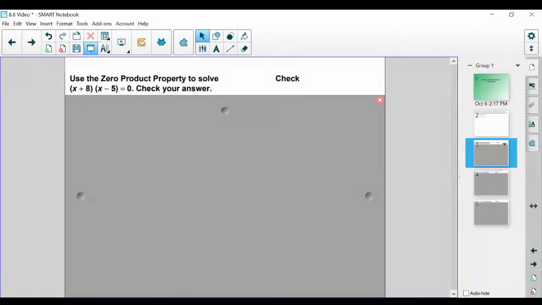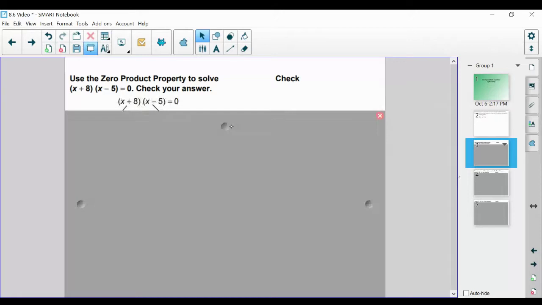So we're going to use this zero product property to solve x plus 8 times x minus 5 is equal to 0. And then we're going to check our answer. So we have the binomial x plus 8 times the binomial x minus 5, and that's equal to 0. So we're going to identify the possible x values that when we substitute into each individual binomial, one of them has a value of 0.